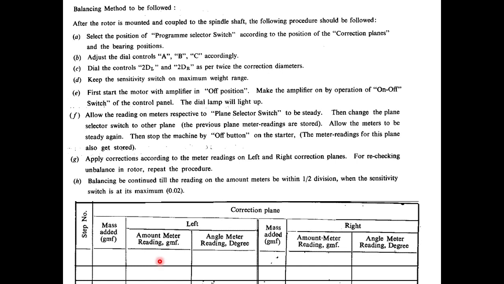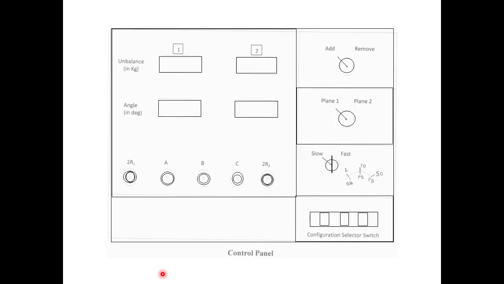Now note one thing: whenever this is 0, what does that 0 indicate? This 0 indicates that it is less than say 0.5, whatever it can measure. Some remaining unbalance is still there, which it cannot measure. In the machine it is there, but it is not measurable as such.